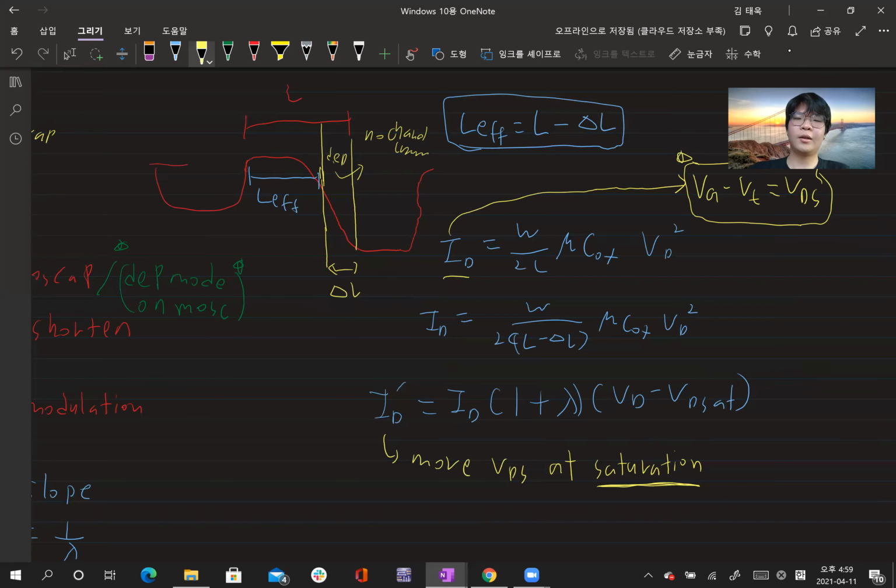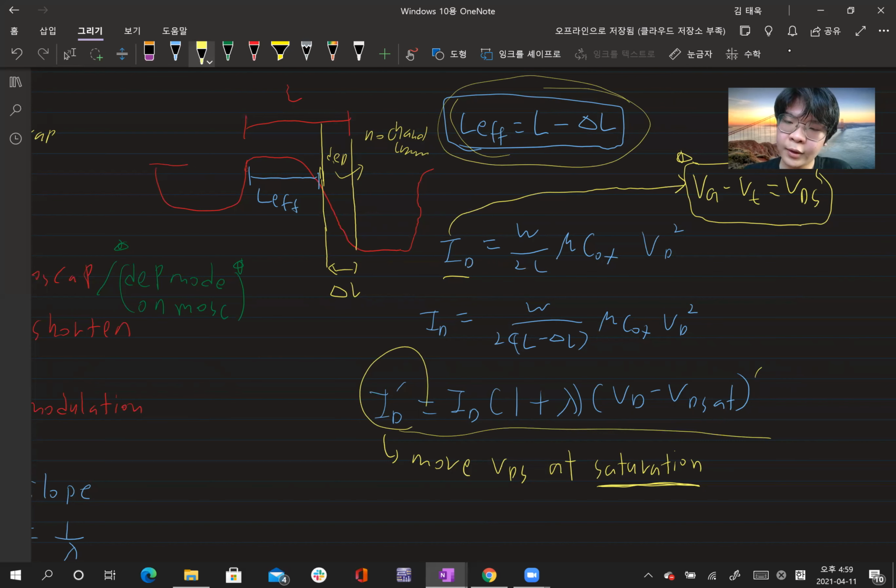So if we use this effective length, we can derive new equations for the drain current. These equations are used for the saturation region.